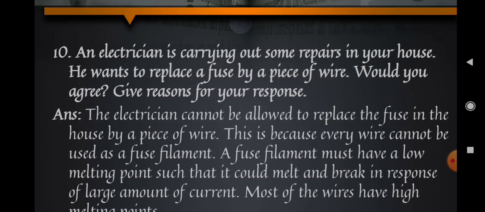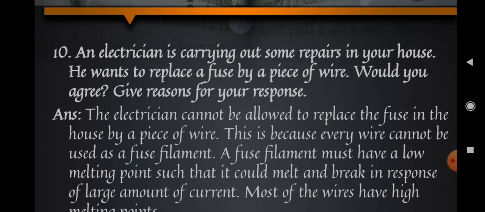So when excessive current passes through any device and the fuse is replaced by a wire, this copper wire will allow the excessive current to pass through all the appliances. Your appliances may get damaged. So the answer is completely wrong. We will not allow the fuse to be replaced by a wire, because this will not prevent but allow the excessive flow of current to pass through the whole circuit and all devices, so it may damage them.